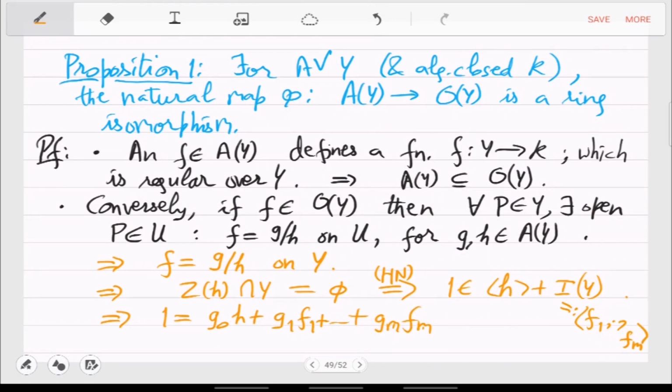From this equation you get that g0 is h inverse mod I. So h is a unit. h is a unit in OY. Units we denote by star, so h is in OY star.